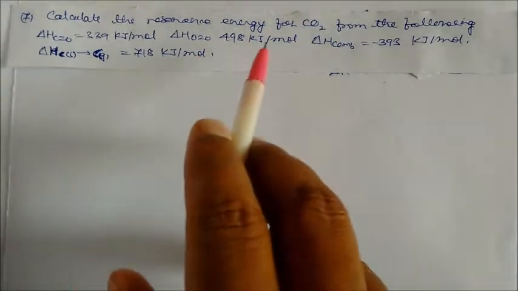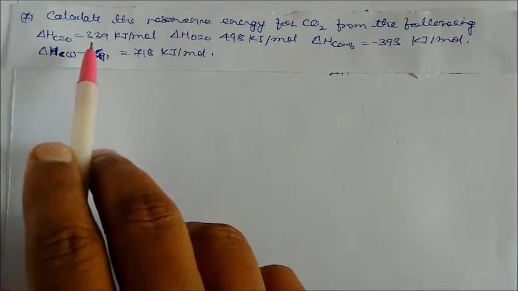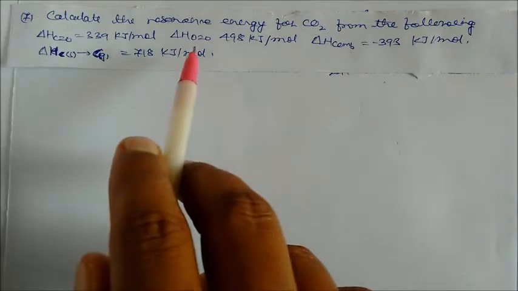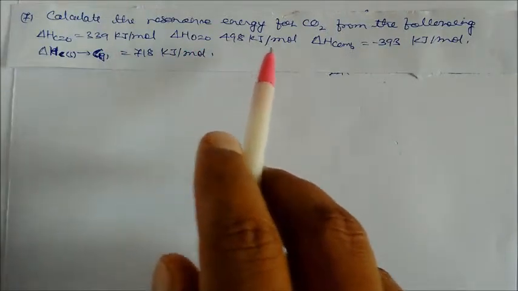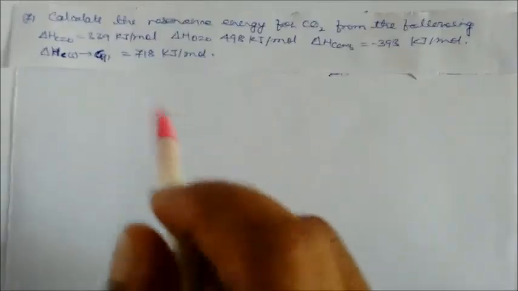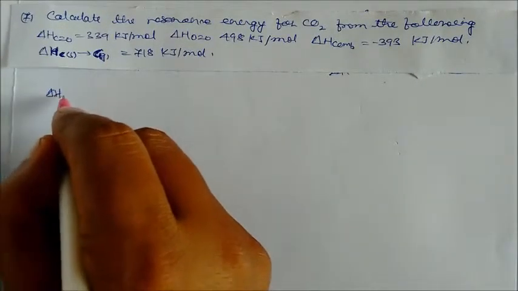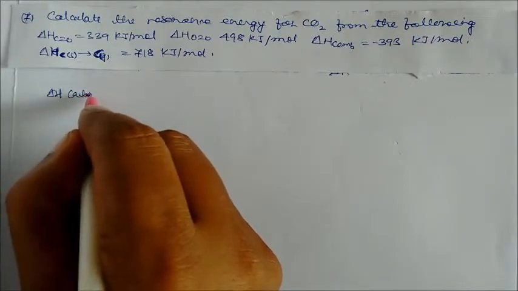Calculate the resonance energy of carbon dioxide from the following data: delta H for CO is given as 339 kilojoule per mole, oxygen is given here 498 kilojoule per mole, and heat of combustion minus 393 kilojoule per mole. So this experimental data is given here. Again, heat of combustion of carbon is equal to how much?